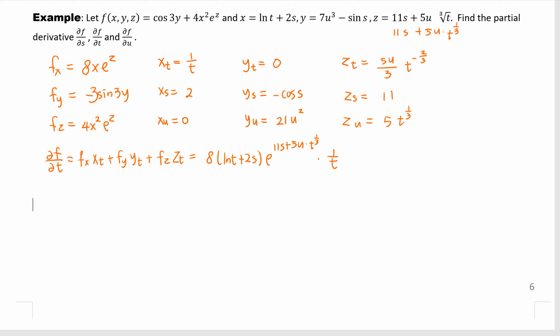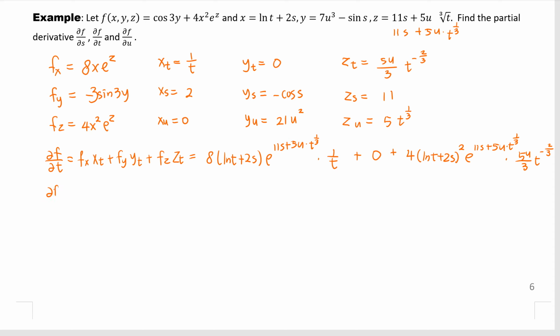And then yt is 0, so we don't need to put down fy. And then fz is 4x squared, which is (ln t plus 2s) squared, times e to the 11s plus 5u t to the 1/3. zt is 5u over 3 times t to the negative 2/3. Is that okay, everybody? Quite long.